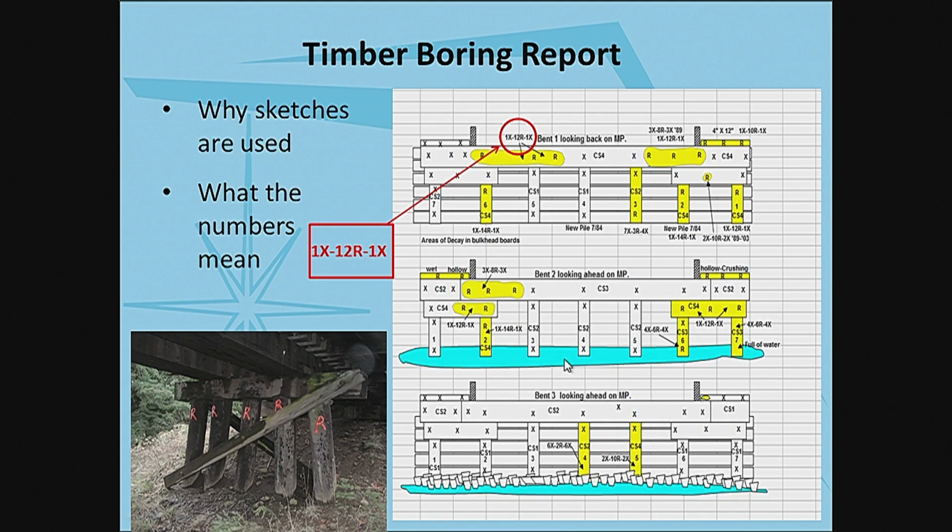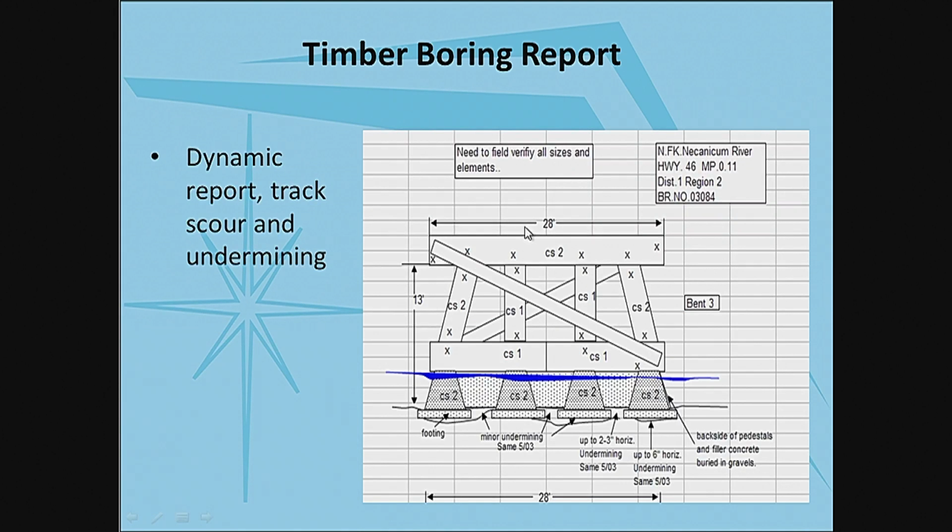Let's see, anything else to point out here? Let's go to another example of what you can do with the timber boring report. At this point, it is a dynamic report. That doesn't mean that if a member's been changed, we want the 12 inches of rot to stay on the report. You might say, okay, it's been replaced with a steel H-pile, H-beam.